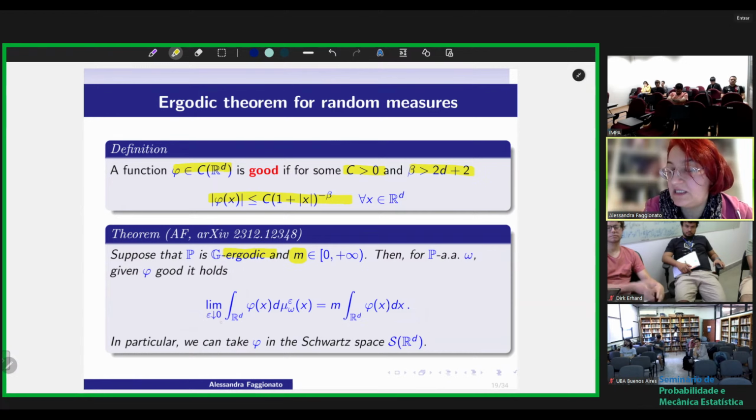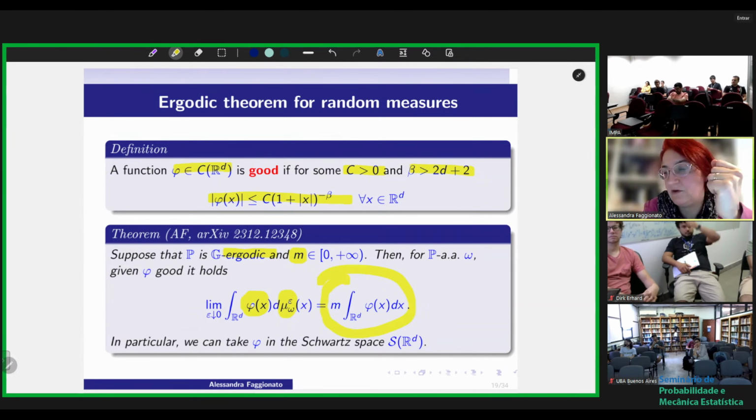If you consider the integral of this observable with respect to the random measure mu epsilon omega, this integral, which is a random object, converges to a deterministic value given by m, the intensity of the random measure, times the integral of the observable with respect to the Lebesgue measure.